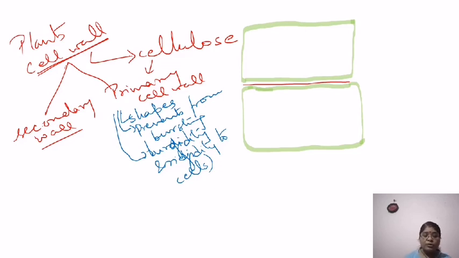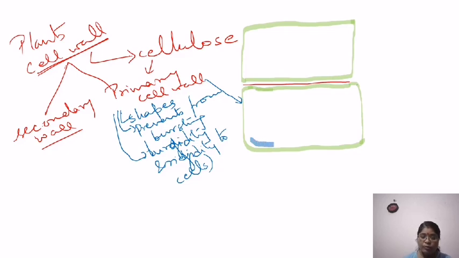Now inner to this cell wall, this is your primary cell wall, and inner to this primary wall is formed your secondary wall. There is deposition of certain substances.